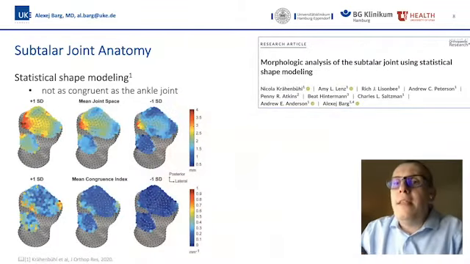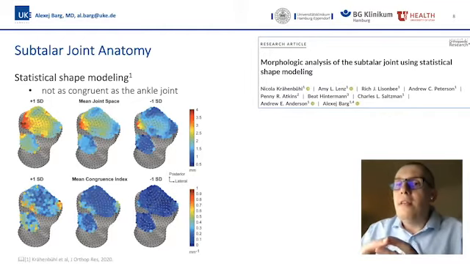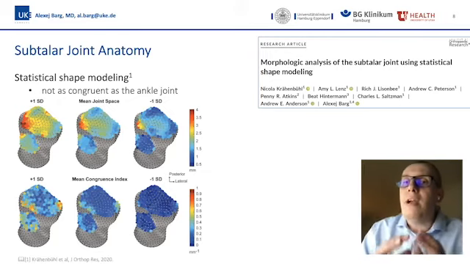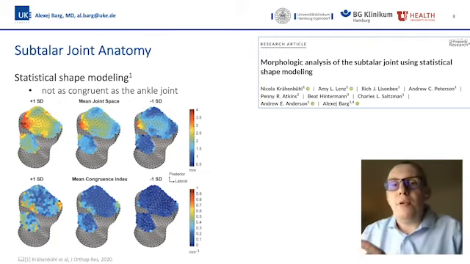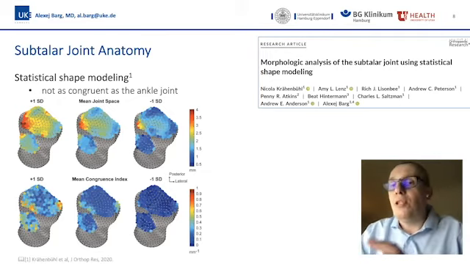We know that the congruency of this joint is less than for the ankle joint. So it is not as congruent, and there is more variability between persons, as we were able to show using shape modeling.